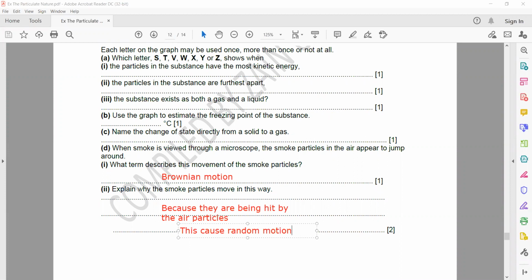So the dust or smoke particles are continuously hit by air particles, and this causes a random motion. Or you can mention that lighter air particles are colliding with the smoke particle, exerting force and causing a random motion.